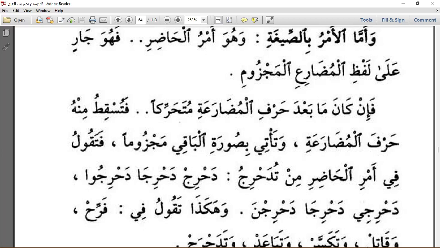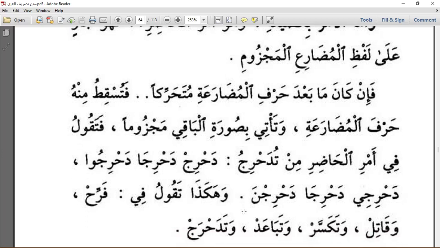Same thing for tudahrijuna, we have dahriju. Then we have dahriji for tudahrijina, and tudahrijna, we just remove the harful mudara in the case of nun niswa.